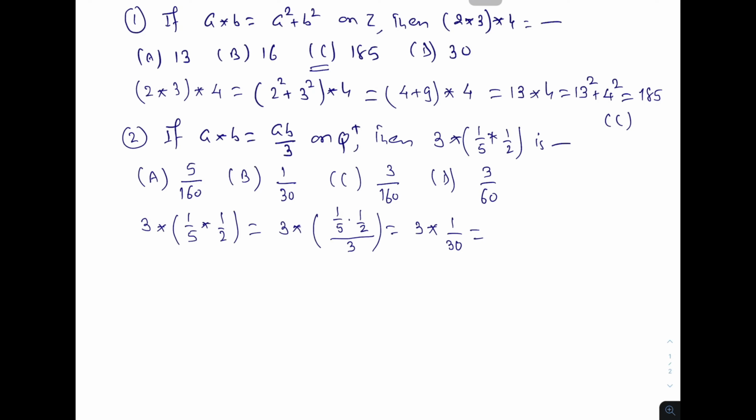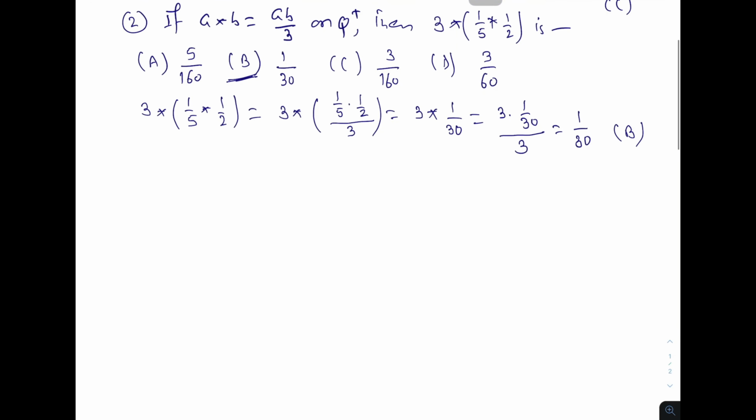Again the same way, a star b equals ab by 3, so this is 3 into 1 over 30 by 3, which is 1 over 30. So B is the option.